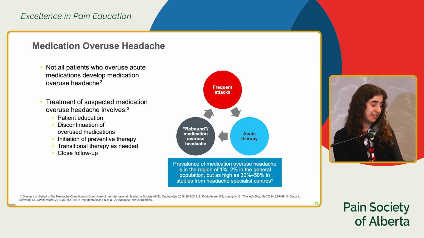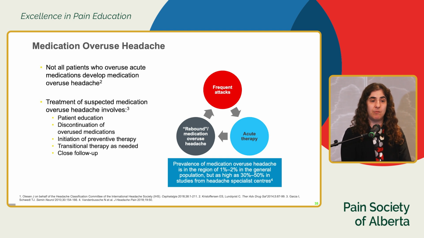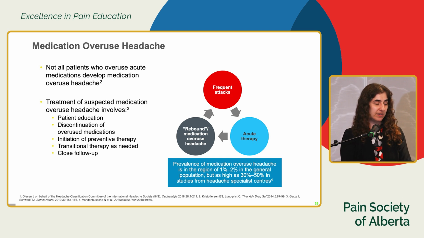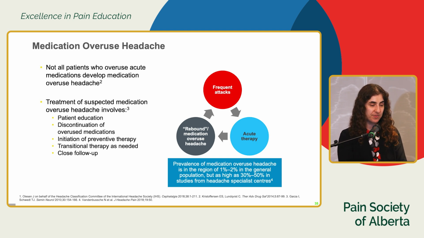And then offering also transitional therapy. So some patients will get worse before they get better. So there's often a 2-week period where patients can get worsening headache before they get better. So for example, nerve blocks, again, might be a good choice here. Course of steroids, course of DHE, things that we can do to help mitigate that potential worsening before they start to feel better. And then very close follow-up is important as well.